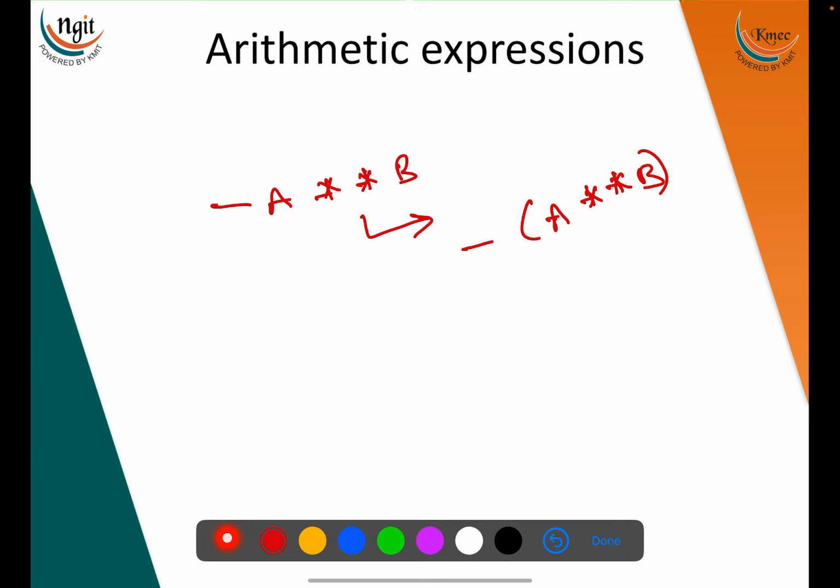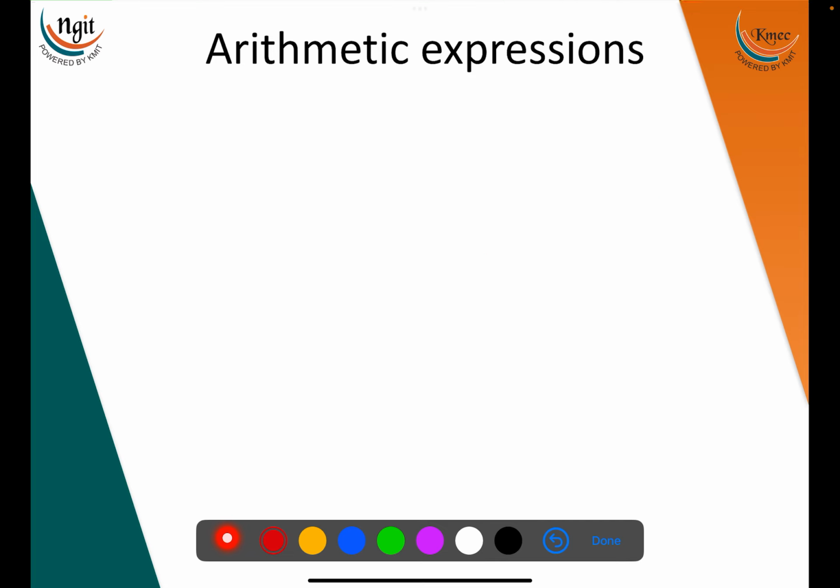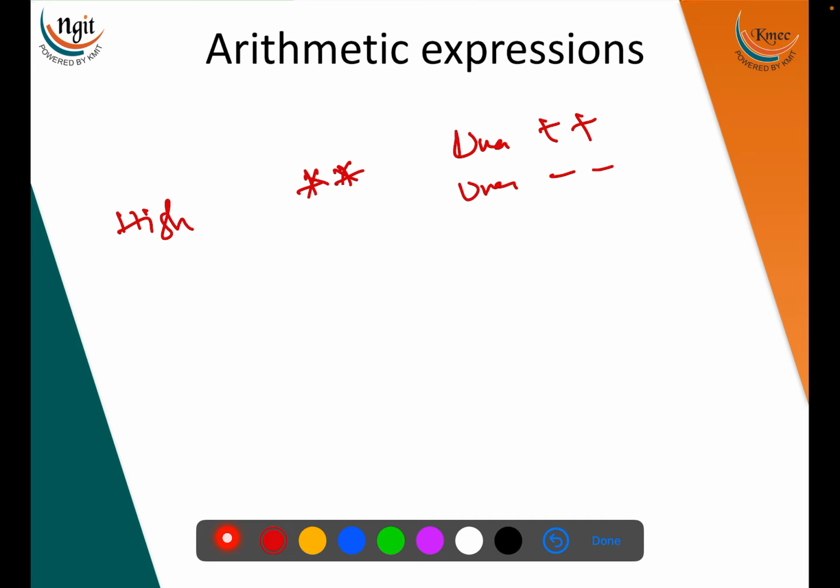So the precedences of the arithmetic operators of Ruby and the C based languages are as follows. The highest priority operator in Ruby is exponential. In C based languages, it is the unary plus, that is pre-increment and post-increment, and unary minus, pre-decrement and post-decrement. Whereas in Ruby, after exponential, come the same unary plus and unary minus.